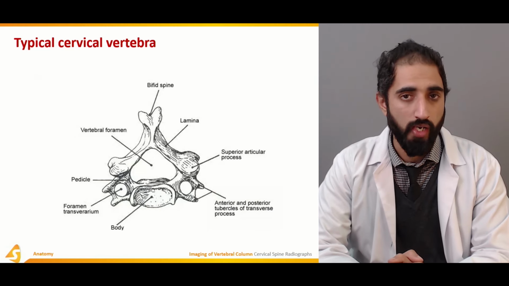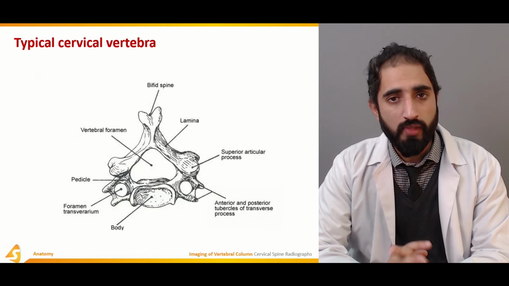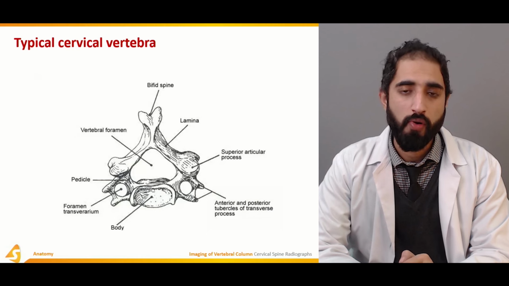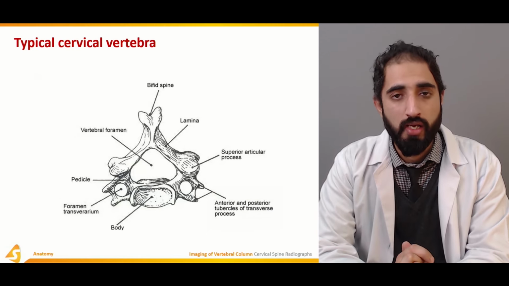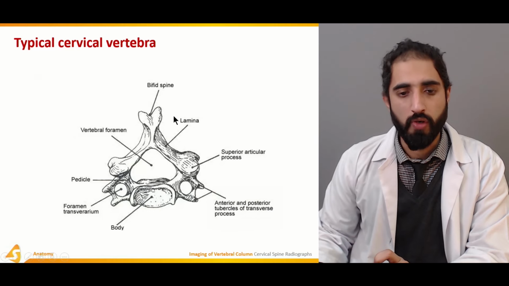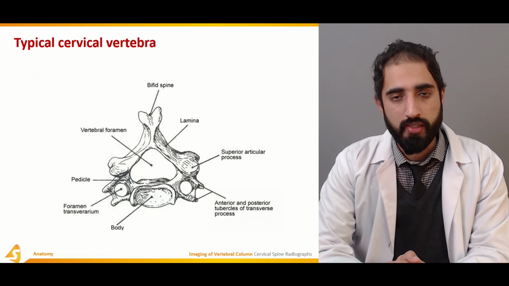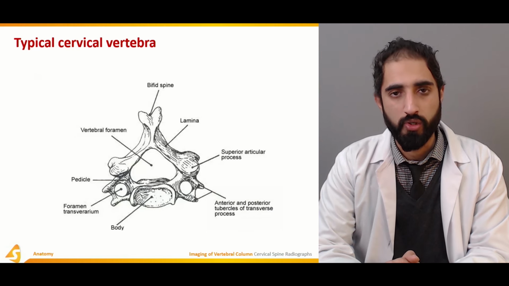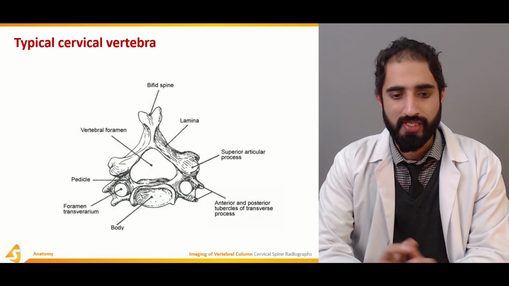And for that reason, it is easily characterizable that this vertebra, for example, is a typical cervical vertebra. Another difference in a typical cervical vertebra from other vertebrae is the shape of its spinous process. It's a bifid spine, which means it has two ends, and because of its bifid appearance, it is easily distinguishable from other vertebrae if you want to identify it. Moreover, it has similar structures such as a body.